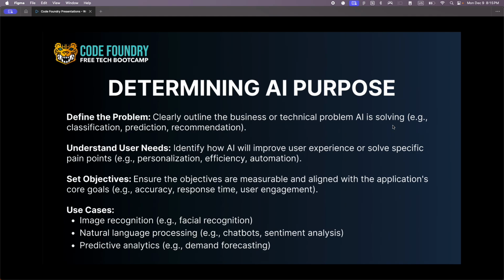So first step, determining AI purpose. This is really important. This is to suss out whether or not you need an AI in your application. Now, a lot of people want to add AI, and some of y'all's projects are revolving around AI, which is great. But I would recommend to avoid AI if you can, and always avoid saying that you are using AI unless you are using an actual AI service.